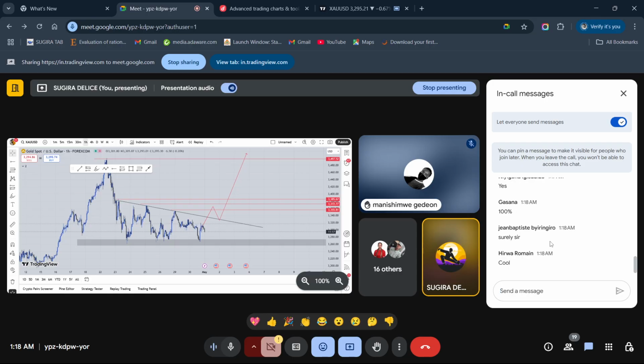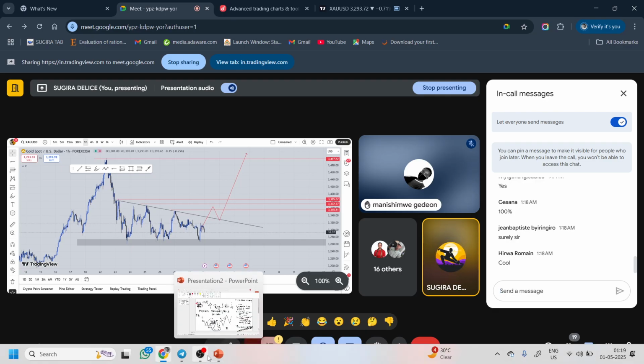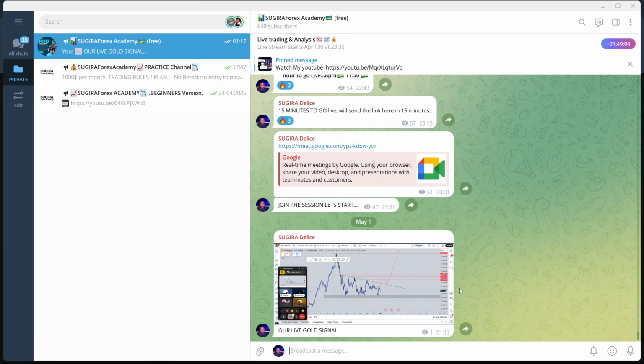But from here, we have to wait for it to do such a thing, and then we take the trade. If the setup is already ready to take, I will take the trade live. I hope it's clear.